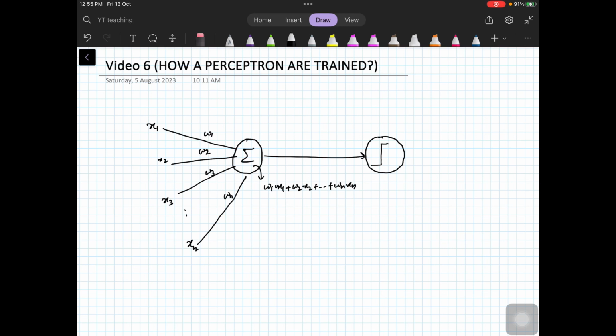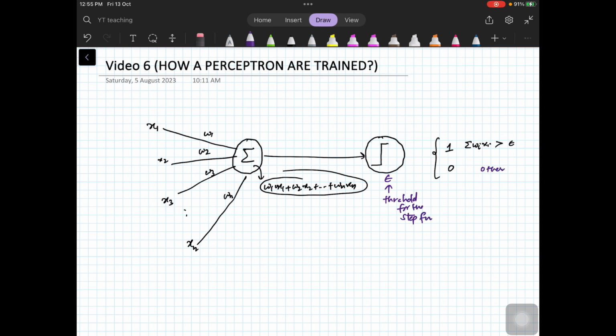If this sum is greater than the threshold value, say we set the threshold value to be 0.5, you will get 1 as your output and otherwise you will get 0. So if the sum of wi xi is greater than the threshold, let me write epsilon as my threshold for the step function, the output is 1, and it will be 0 otherwise. So this is the idea.